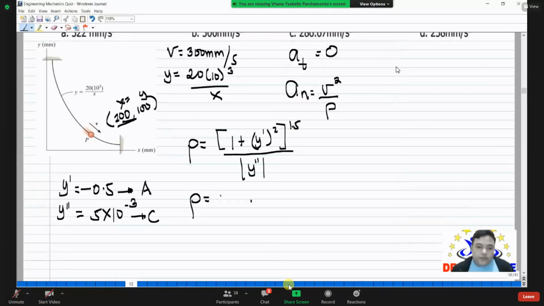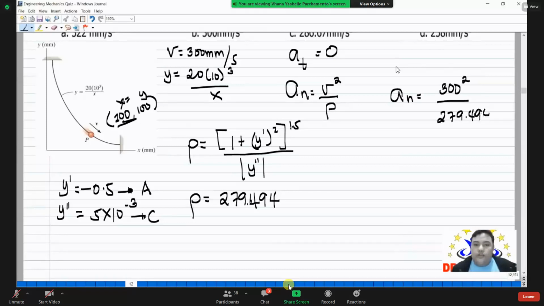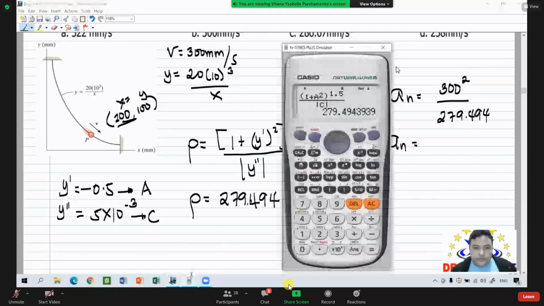Yan. So makukuha na natin yung a sub n. A sub n now is equal to 300 squared all over yung ating rho, which is 279.494. Therefore, a sub n now is 1.